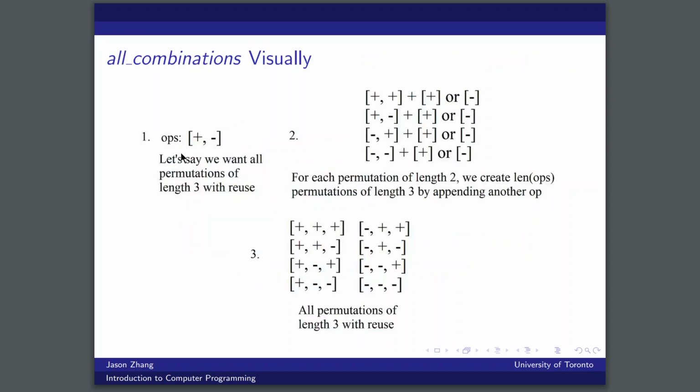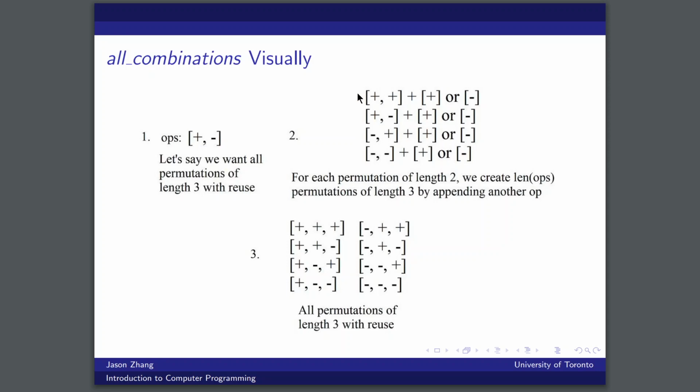Let's say for simplicity we only have two operations, and we want to generate all permutations of length 3 with reuse. What we can do is take all permutations of length 2, which I've listed here. There are only 4 permutations of length 2. We can create 2 permutations per permutation of length 2 by appending another operation.